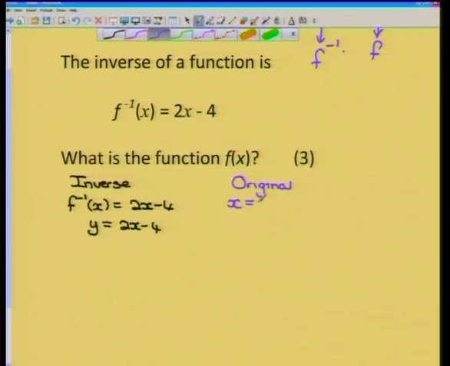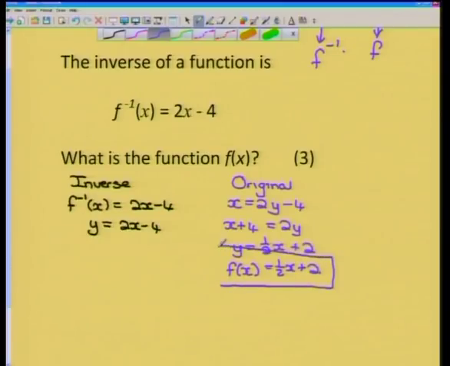So it's going to become x equals 2y minus 4, which means x plus 4 equals 2y, which means y is equal to a half x plus 2. And that means that f of x is a half x plus 2.